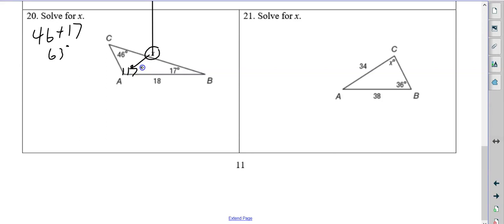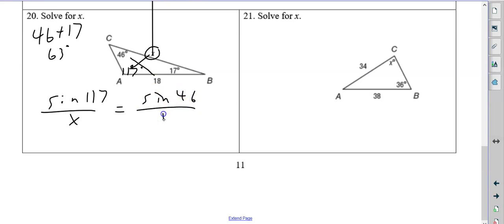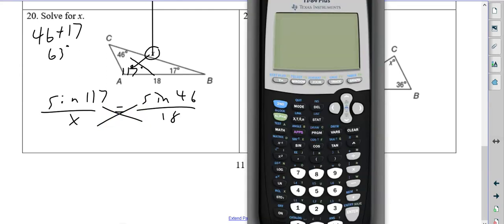So now we have that ratio. Sine of 117 over x is equal to sine of 46 over 18. Okay, law of sines. So cross multiply and divide. We'll do this one on the calculator.